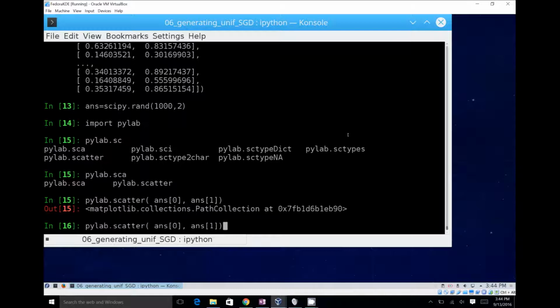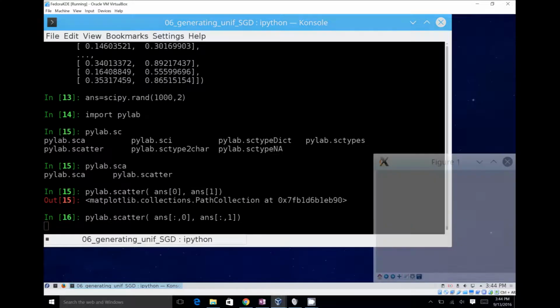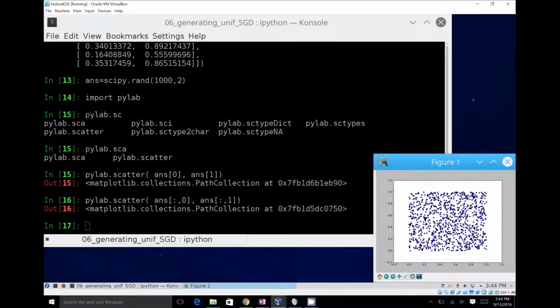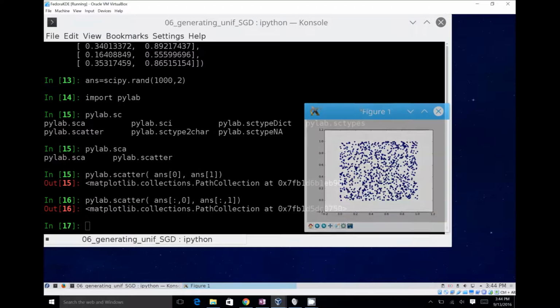And of course, I didn't do this quite correctly because I want all the rows and the 0th column and all the rows in the first column. And so, looking pretty reasonable, right?